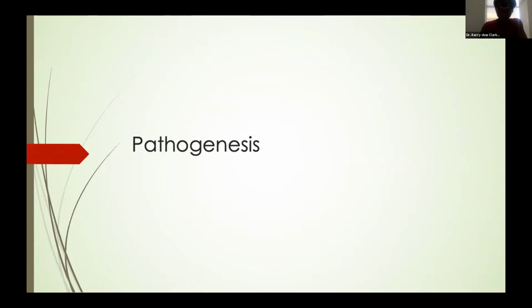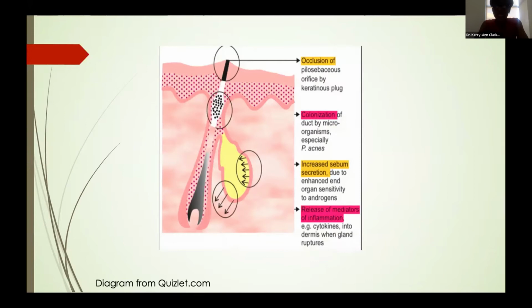So let's go a bit into the pathogenesis. Now, acne is multifactorial, but the important issues in acne are occurring at the pilosebaceous unit. So this is between the hair follicle and the sebaceous gland attached to the hair follicle. What we have going on here is increased sebum secretion, and this is usually during puberty under the influence of our androgens.